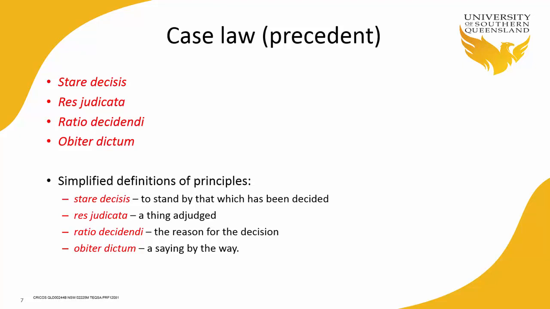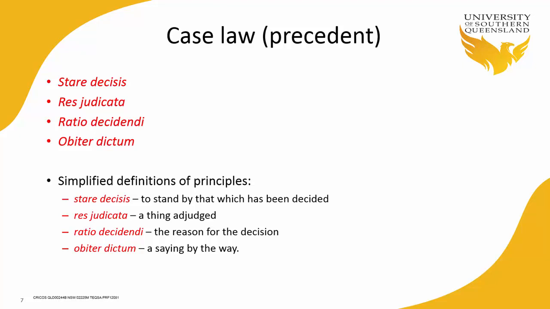So the court stands by the decision of something similar from a previous case. Then there's something called res judicata, which means a thing adjudicated. And the third doctrine or principle is called ratio decidendi, which is the reason for the decision.